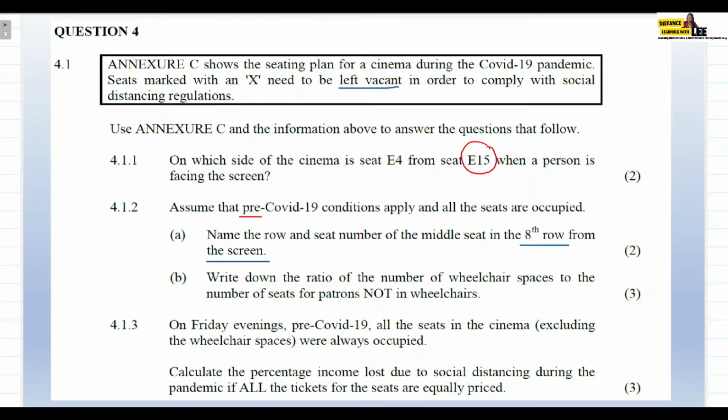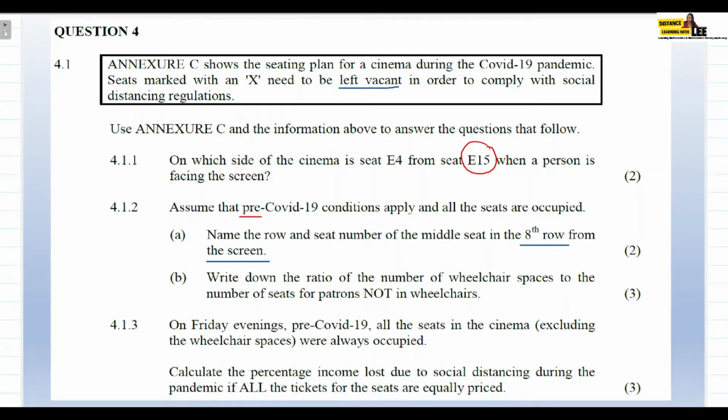All right, cool stuff. Let us go to question number 4.1.2b. It says write down the ratio of the number of wheelchair spaces to the number of seats for patrons not in wheelchairs, right? So here, guys, we are basically dealing with ratios.